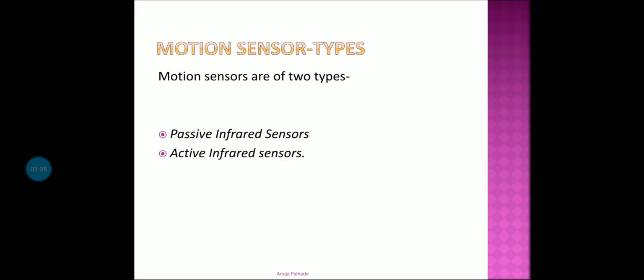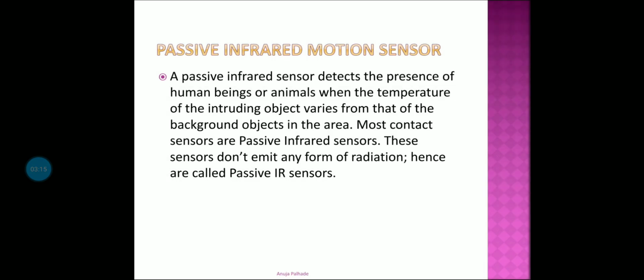Motion sensors have basically two very important types, that is active sensor and passive infrared sensor. The names active and passive indicate that passive sensors do not actively participate. A passive infrared sensor detects the presence of a human being or animal when the temperature of the intruding subject varies from the background objects in that area.